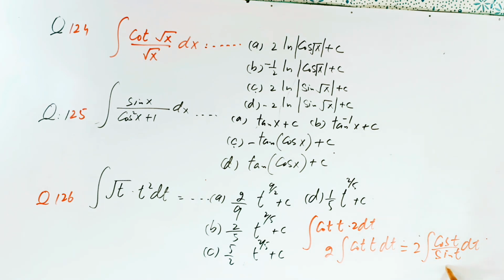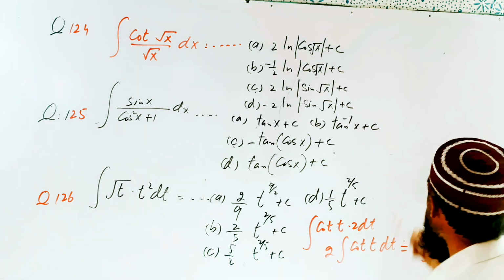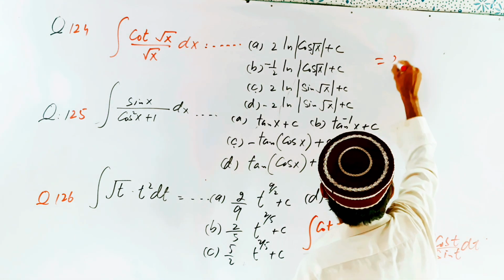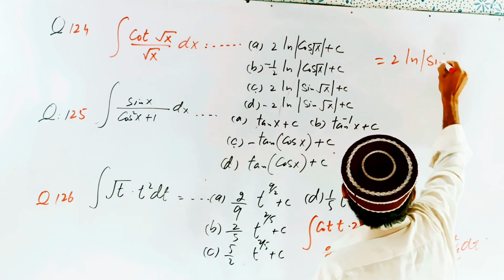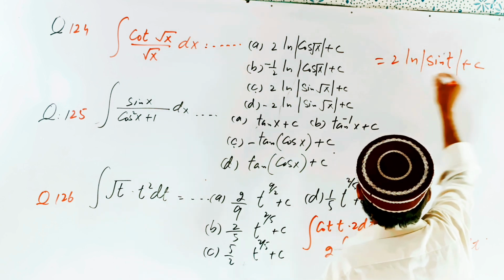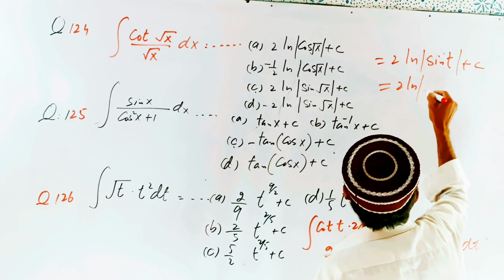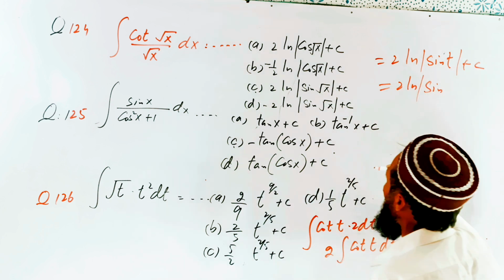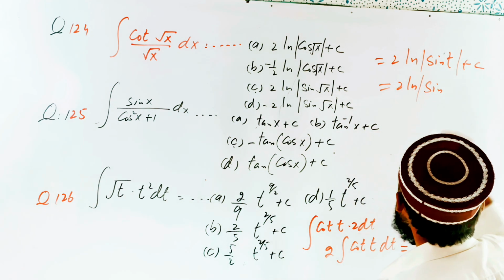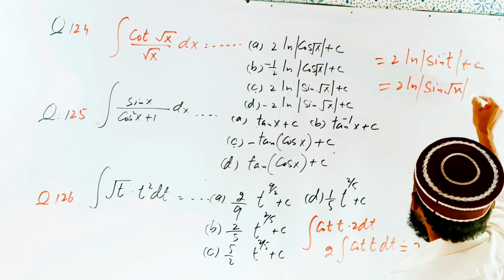The derivative of sin t is cos t. So we can write 2 log of sin t plus c, and sin t we already have as under root x, plus c.